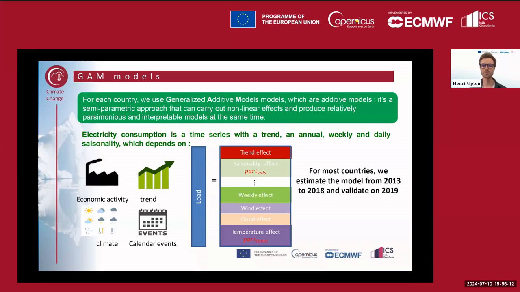So we have temporal effects, a general trend, and also seasonalities, because electricity demand is very fluctuant over the years and over the weeks. So we need calendar effects in order to produce very consistent forecasts. And we also have, of course, the weather effects. Here it's cloud effect, but we replace cloud effects by the solar irradiance. And we give it all as inputs in the model.